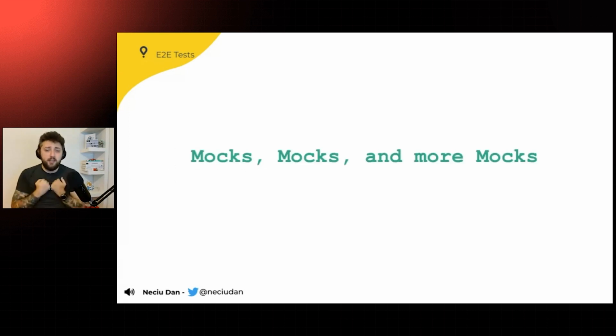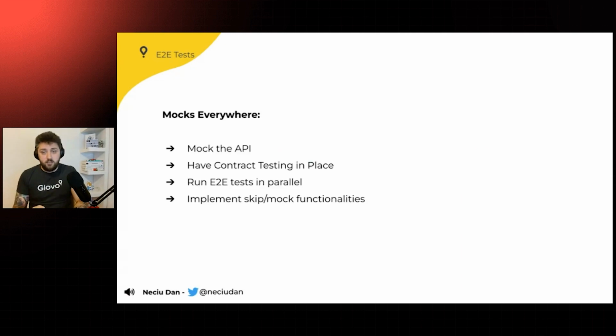So how we did to solve this is by mocking absolutely everything, which is not a really good idea, but if you have contract testing in place, it will make your job so much easier. So this is what we did. We mocked the API completely. We have our own server that boots up and mocks and gives response JSON.